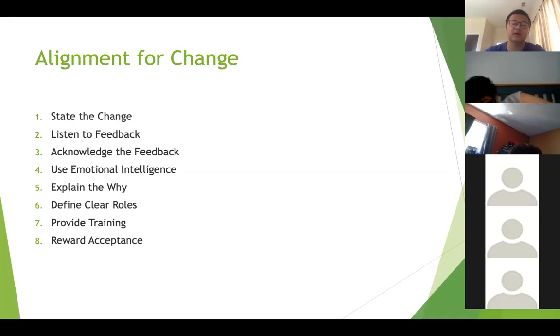The seventh one is provide training. Provide a training system to the employees, and the last one, reward acceptance. Okay, so create a new reward system for everyone to let them move.